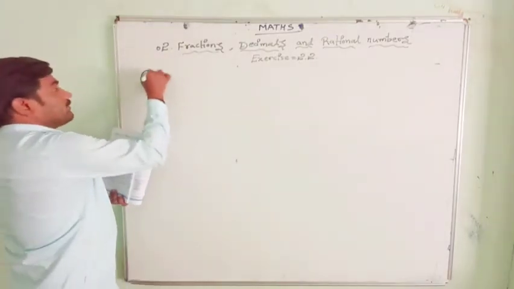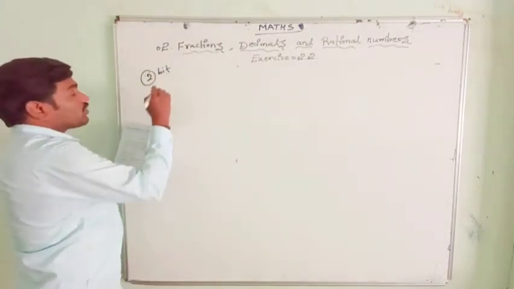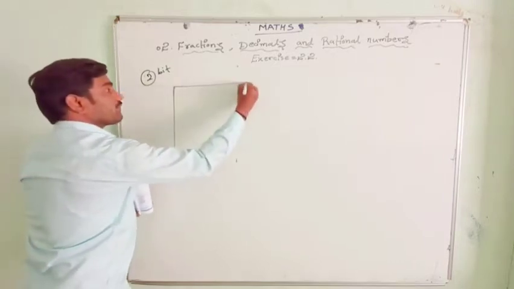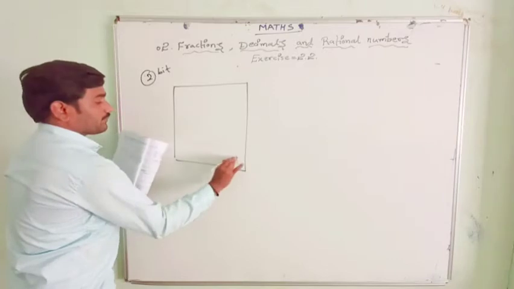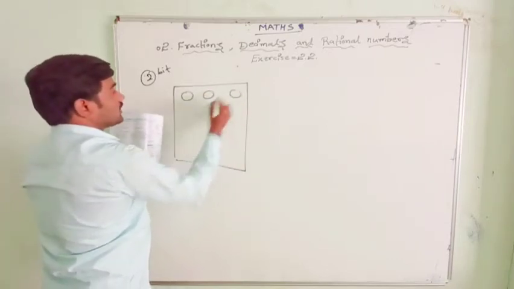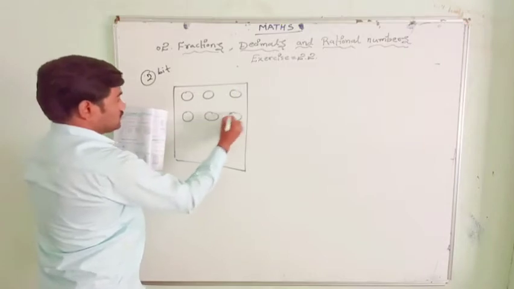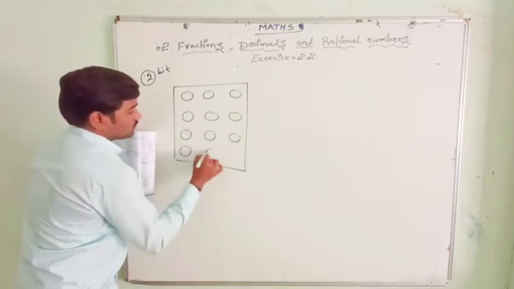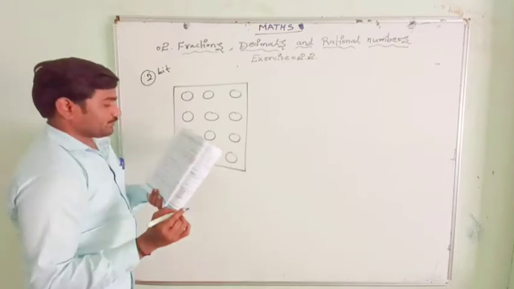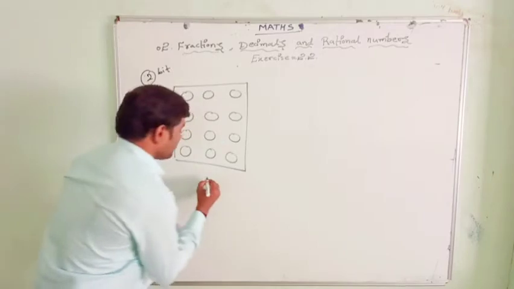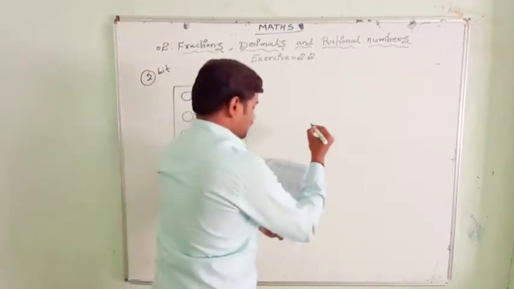So for the second bit, I am going to draw the figures very roughly here. Roughly I am going to draw 1 2 3, 1 2 3, 1 2 3, 1 2 3. Here I am going to explain two of these questions. This is A, and the remaining two you need to do.